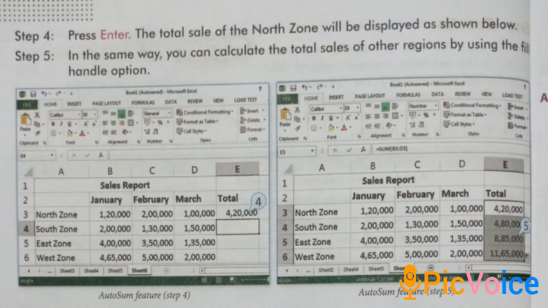Then step 3 is select the auto sum option. Then step 4 is after selecting the auto sum option, you should press the enter key and the total number will be displayed on the selected cell. Our final result will be displayed on the selected cell.